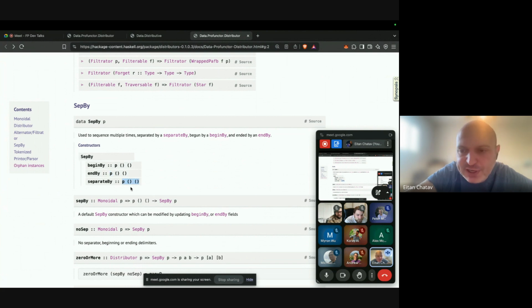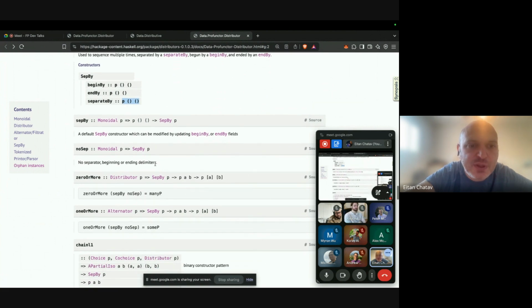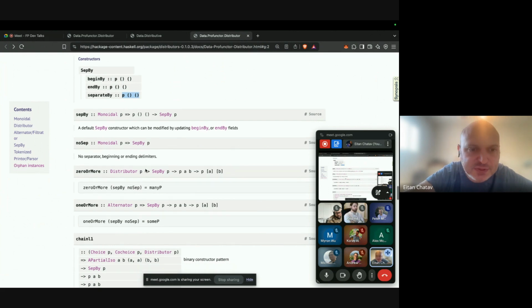This is going to be usually like a comma or something, and these could be open paren and closed paren. And we have a default step by, which just assumes that begin by and end by are 1p, or nothing at all, don't do anything. And we have no sep, where the separator is nothing.